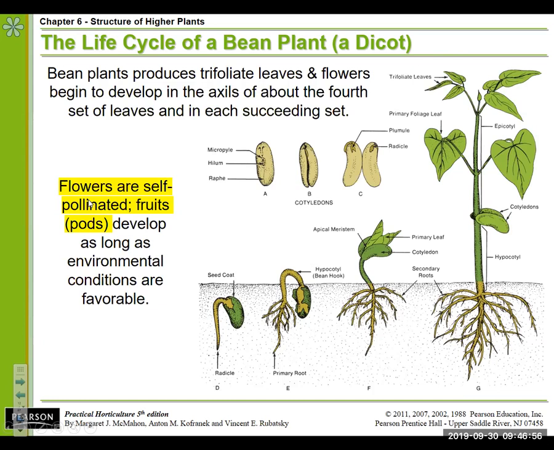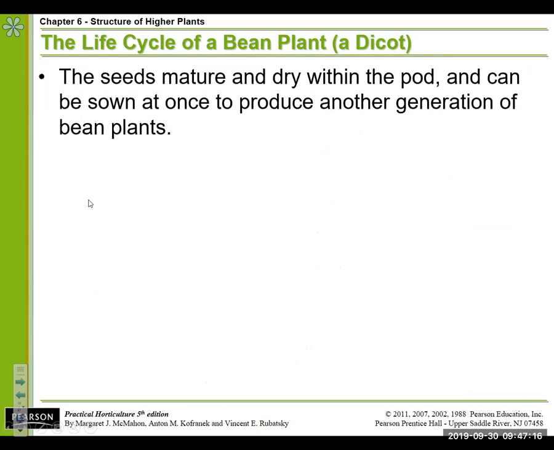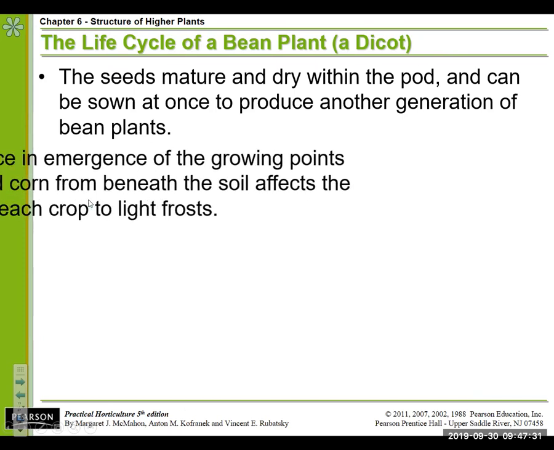So before the flower even opens, it's fertilized itself, which makes it really easy to save seed from. The fruits are going to develop into a pod, which contains the maturing ovules that turn into new beans. And as the plant grows, we can harvest that pod early as a green bean before the seeds have developed that much and before the pod gets really fibrous, or we can allow them to mature and dry within the pod for seed.